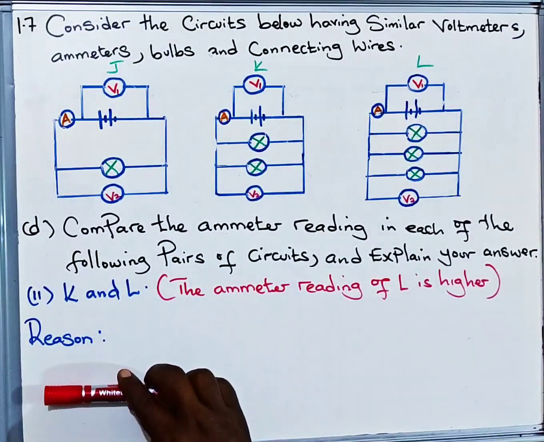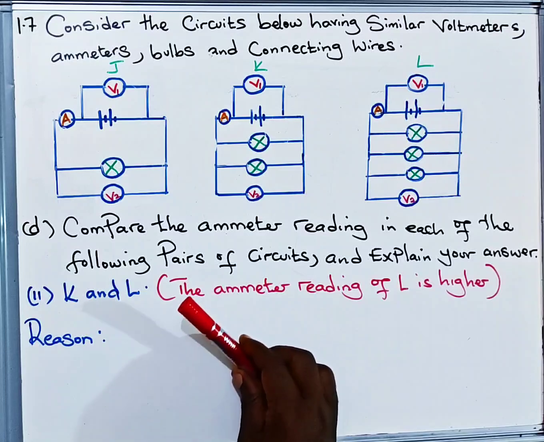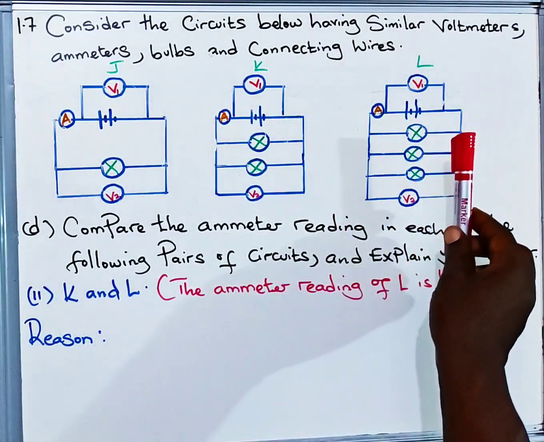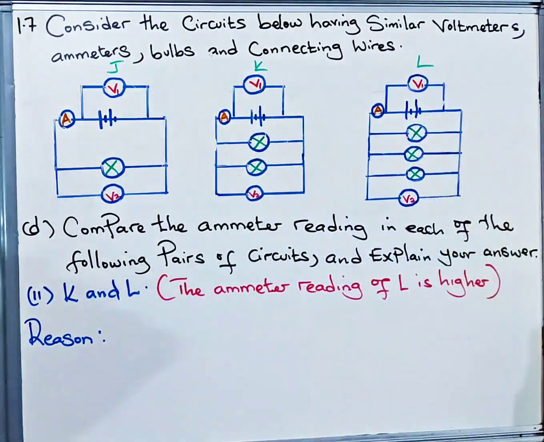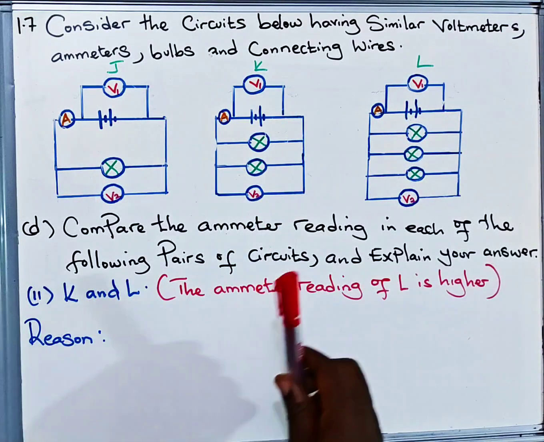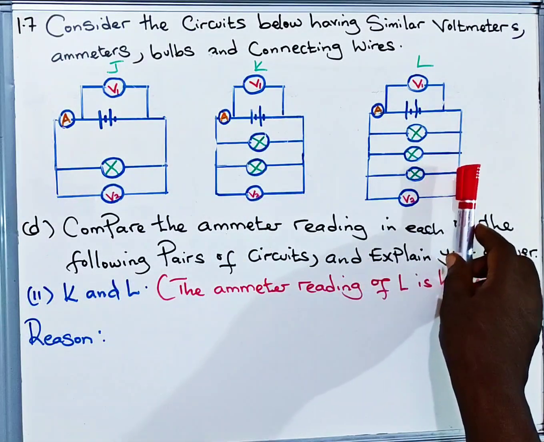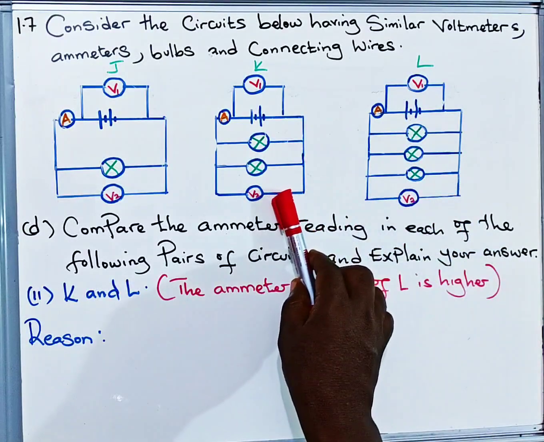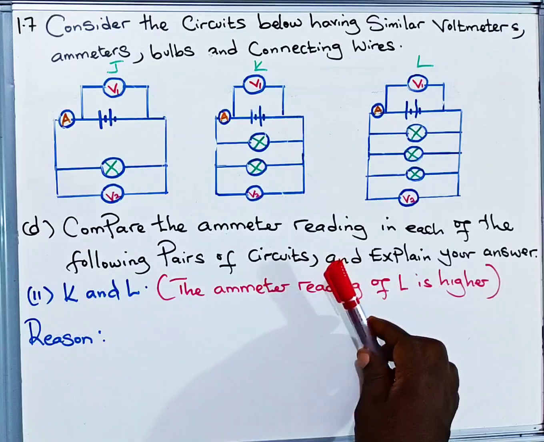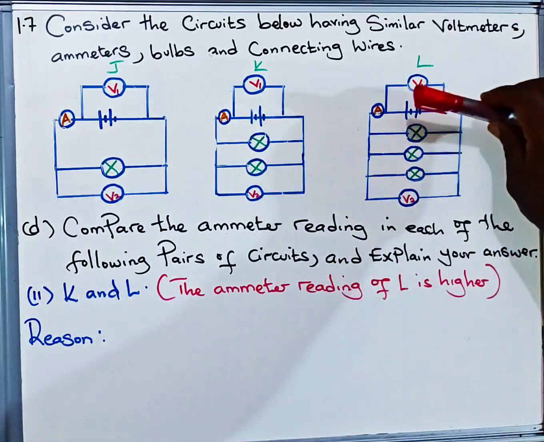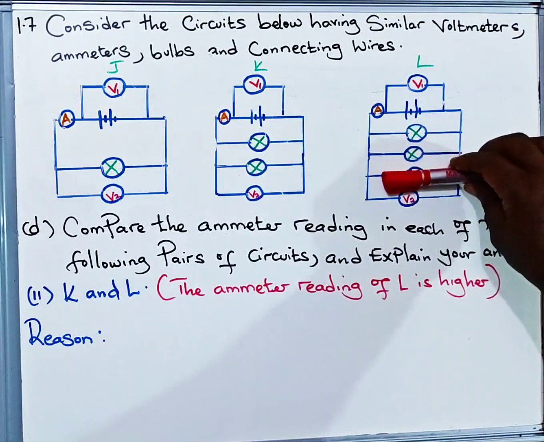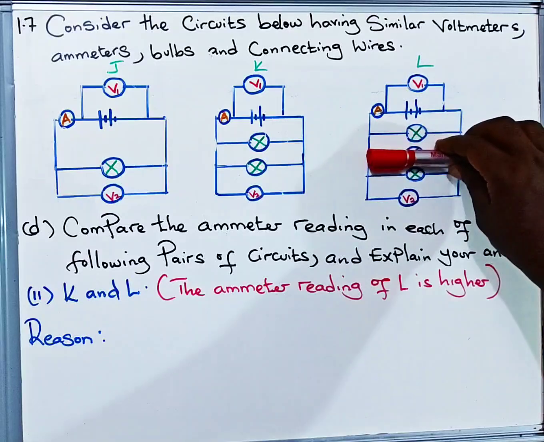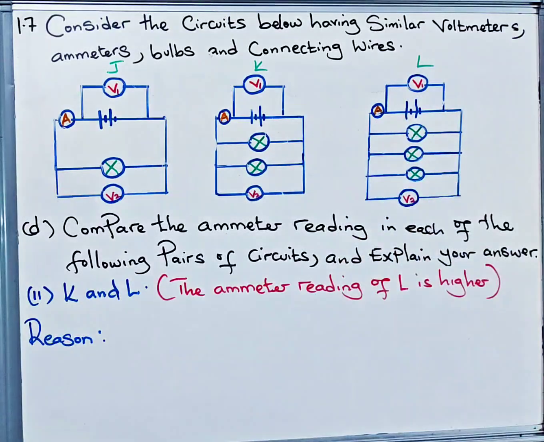What's the reason for the ammeter reading of L being higher than that of K? The reason is that L has a lower resistance compared to K. I need to remind you that for parallel connections, the more the connections, the less is the resistance.